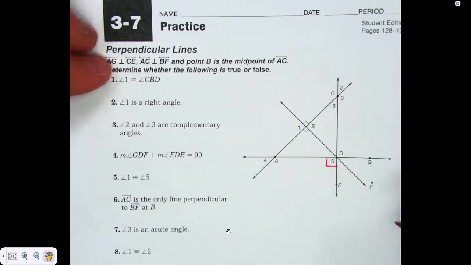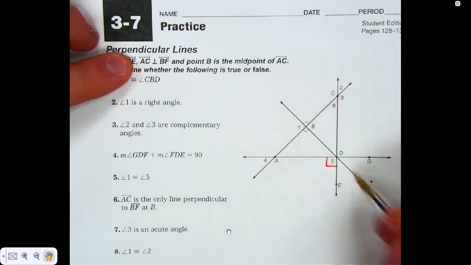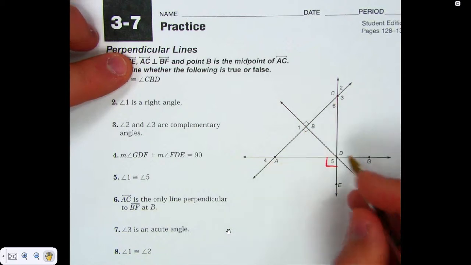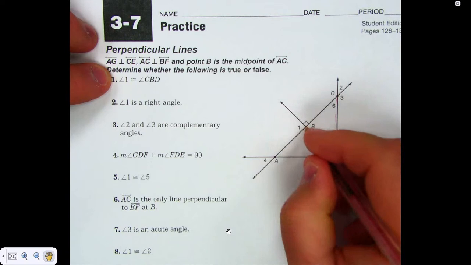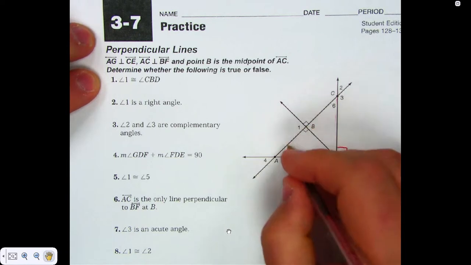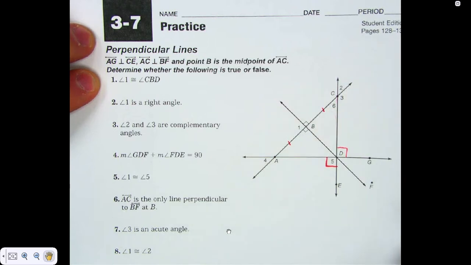They also tell us that AC is perpendicular to BF. They already have the 90 in there. And point B is the midpoint of AC. What does that mean? That piece is going to be the same size as that piece. Would everyone agree?